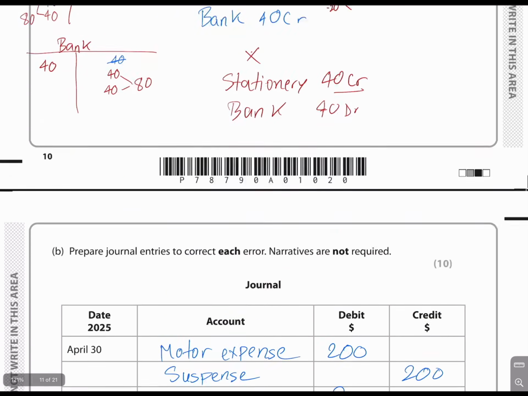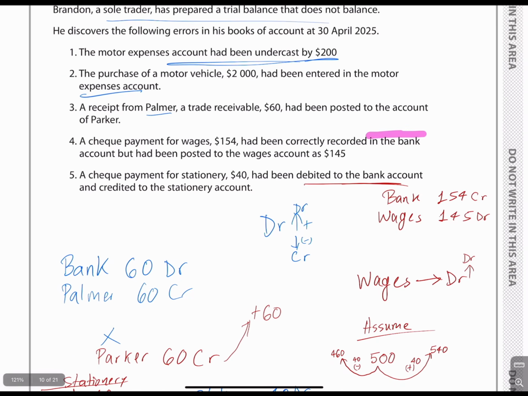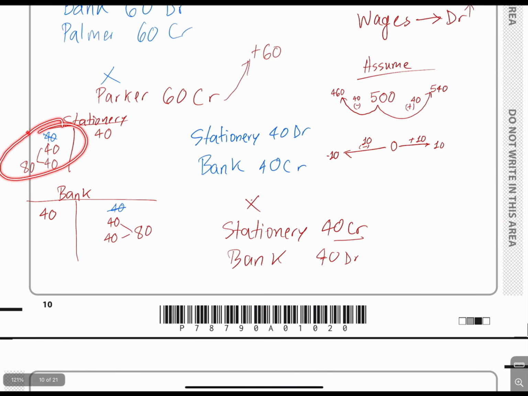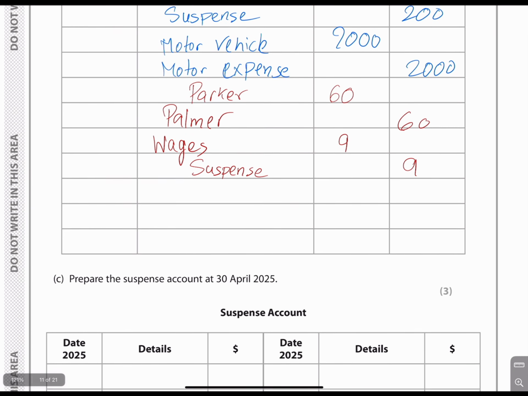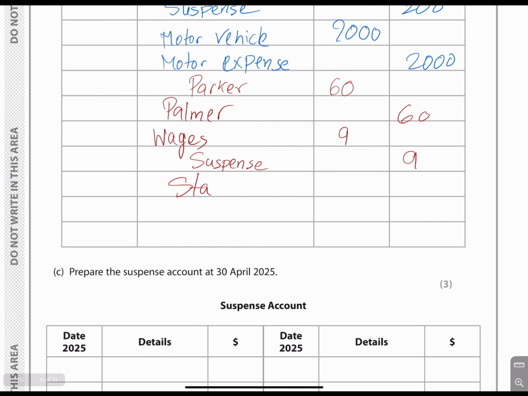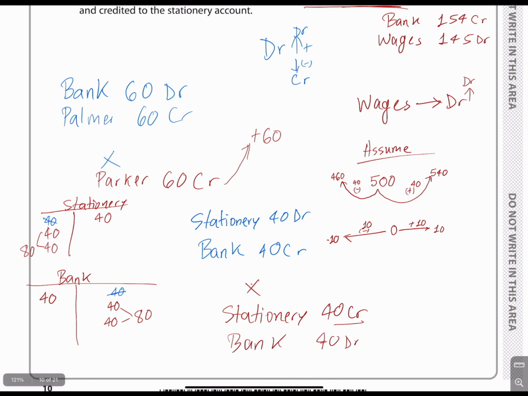So here, how much do we want to debit? We have to debit stationery 80. Stationery 80 would be on debit side, and bank would be credited 80. Simple logic that we were supposed to increase, but mistakenly we have entered it on the credit side.